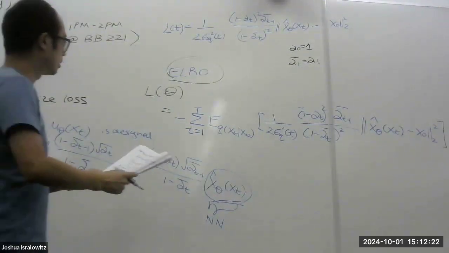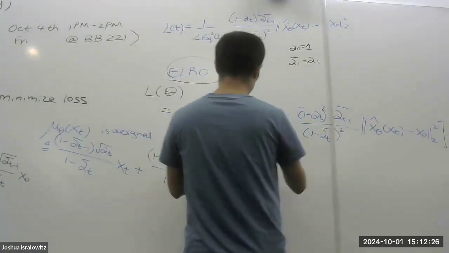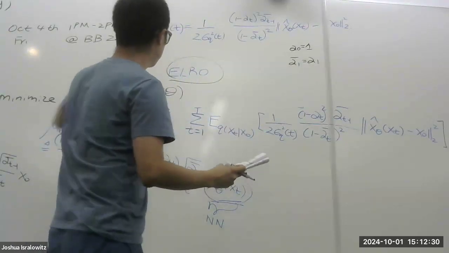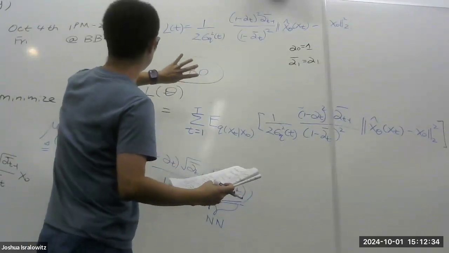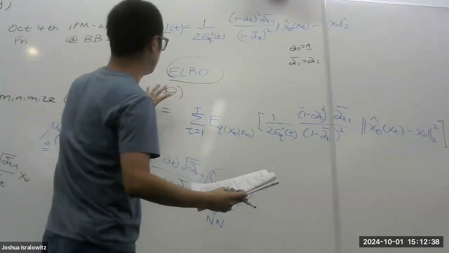Okay, so sorry, I think if I can put a minus sign here, because for ELBO we need to maximize it, and for the loss function we need to minimize it.